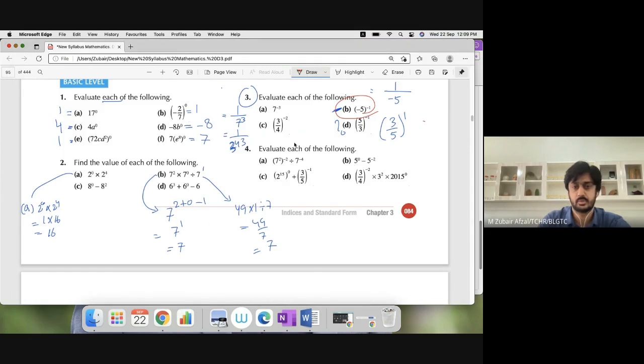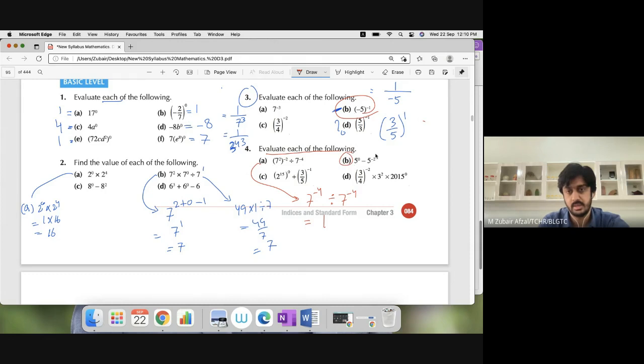Where did it go? This. Now it says evaluate the following. Now you have to see which rule we are applying, and you can do it in any way. Suppose a part. May I write it like this? 7 raised to power -4 divided by 7 raised to power -4. And when both the numbers are same, you get 1.